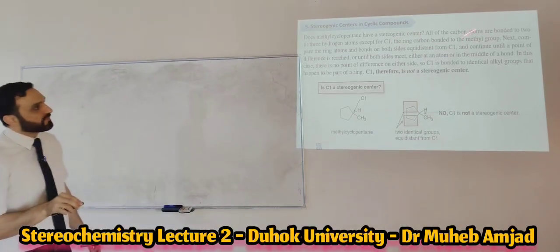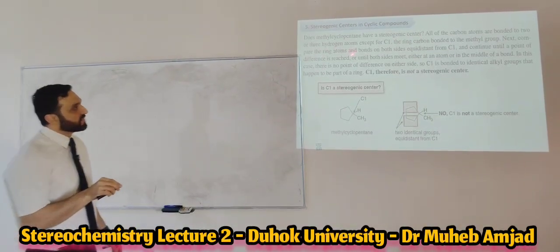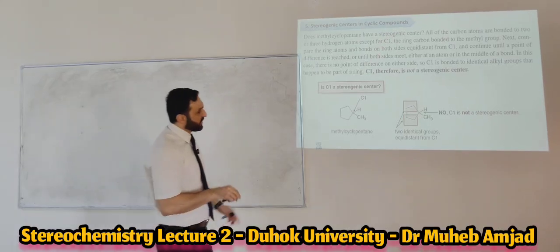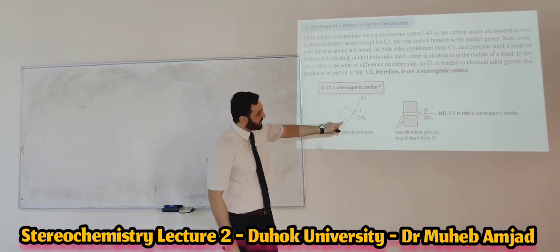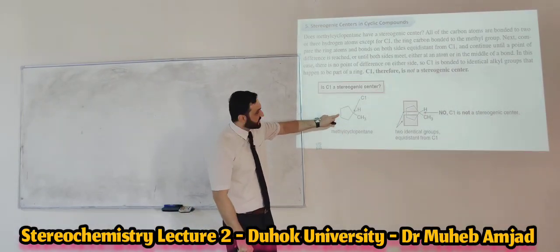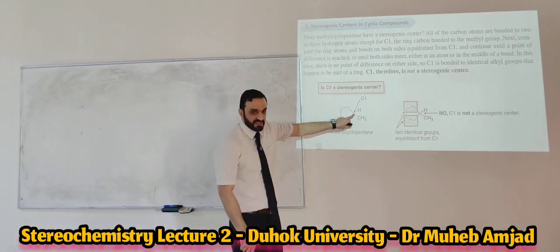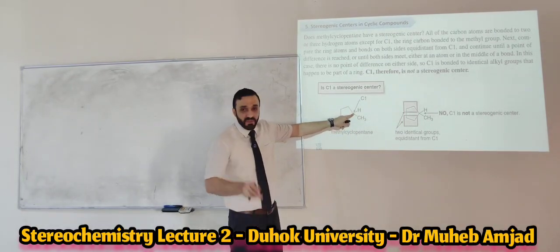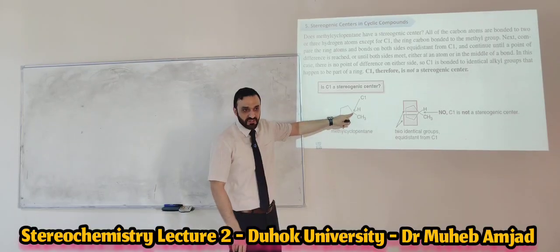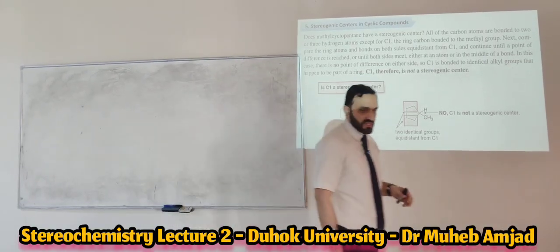All the carbon atoms are bonded to 2 or 3 hydrogen atoms, except one, this carbon. This CH2, not stereogenic. CH2, CH2. This, CH3. This, CH, yes. This may or may not be a stereogenic center. You have to test.